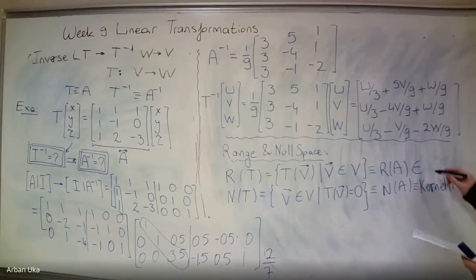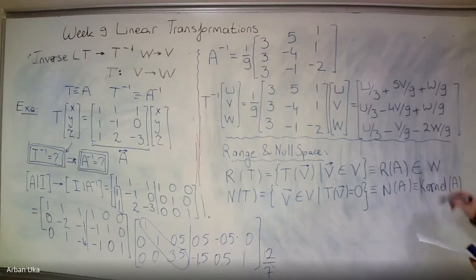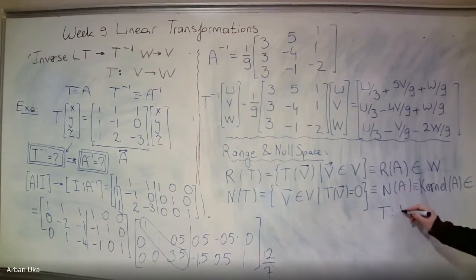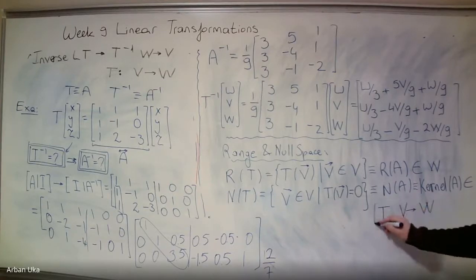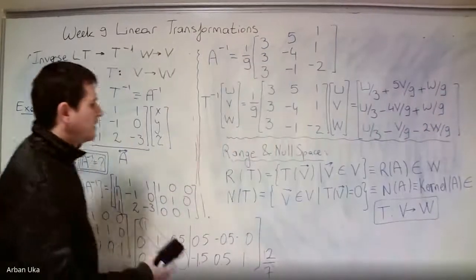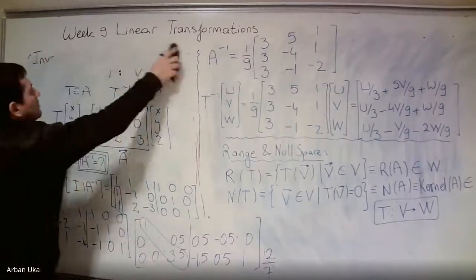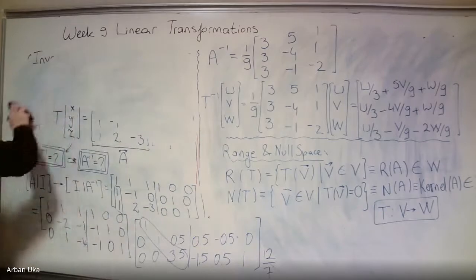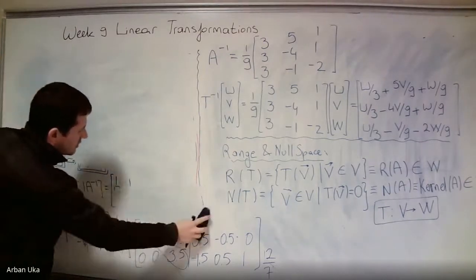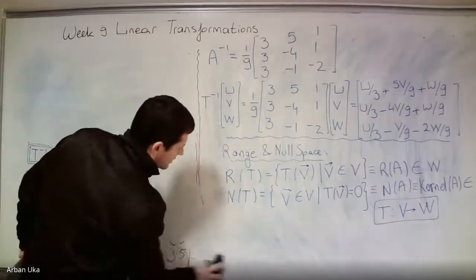This is the subspace of W. And the kernel or the null space is the subspace of V, assuming that the linear transformation is a transformation from V to W, at least the notation that we have used today. So again, we're talking about null space, kernel space, or kernel of the matrix A, kernel of the linear transformation, and the range.